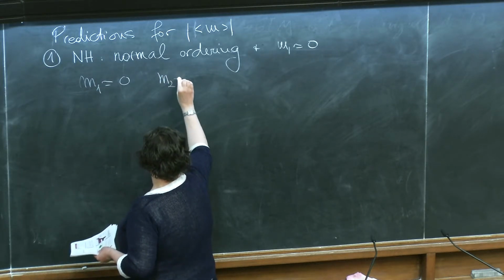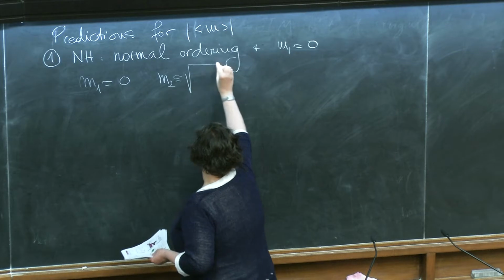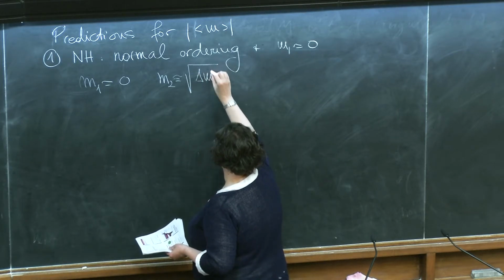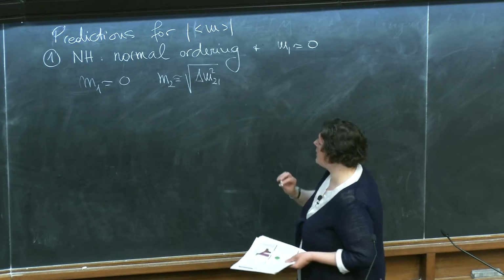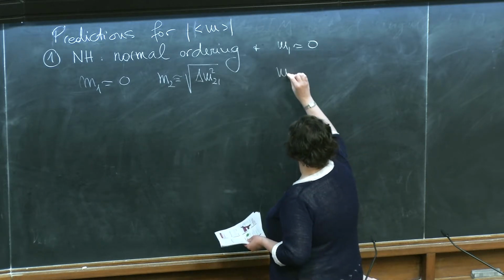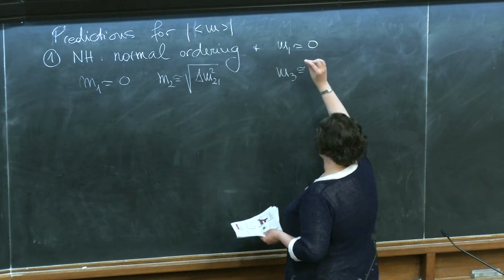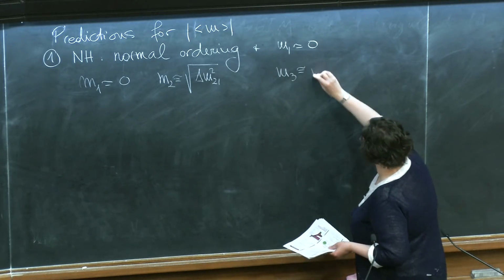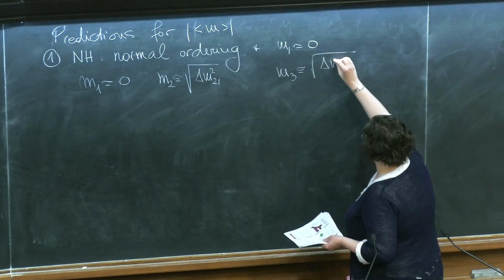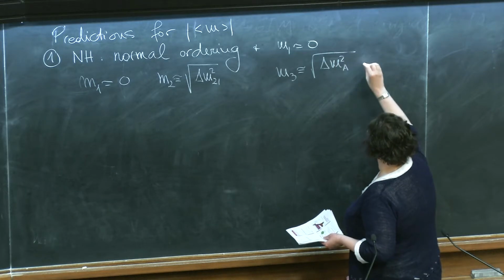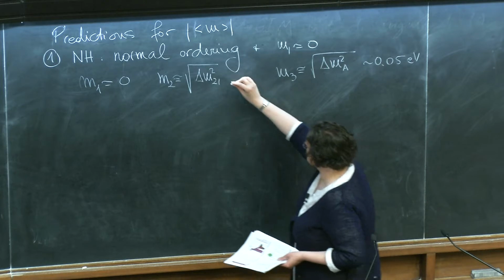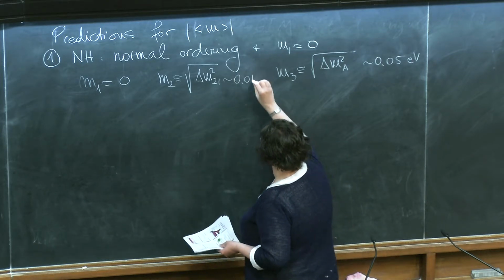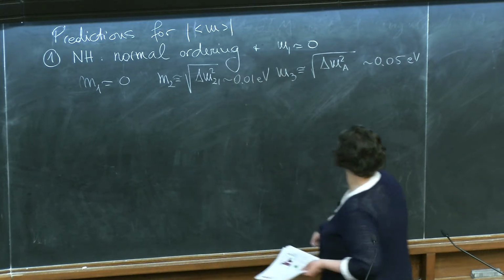M2, from the expression we had before, is the square root of delta m squared 21, so we know how much it is, roughly 0.01 eV. And then we have M3, which is simply related to the delta m squared atmospheric, so we know that this is roughly 0.05 eV. And as I said, M2 is slightly smaller than 0.01 eV.